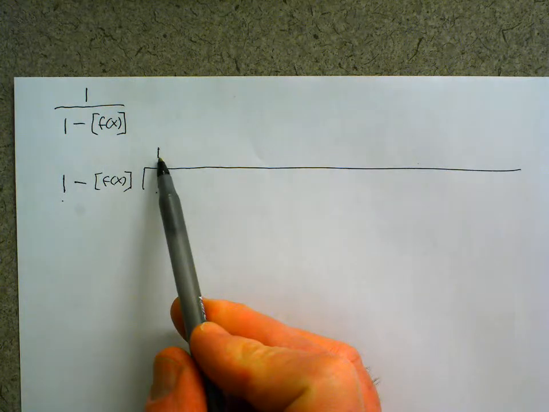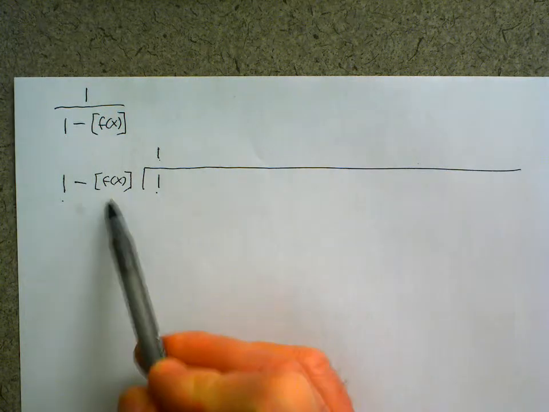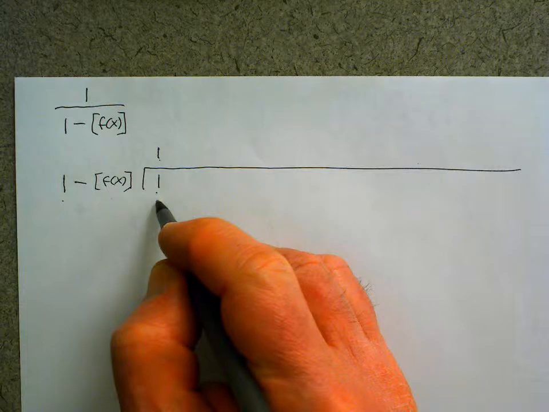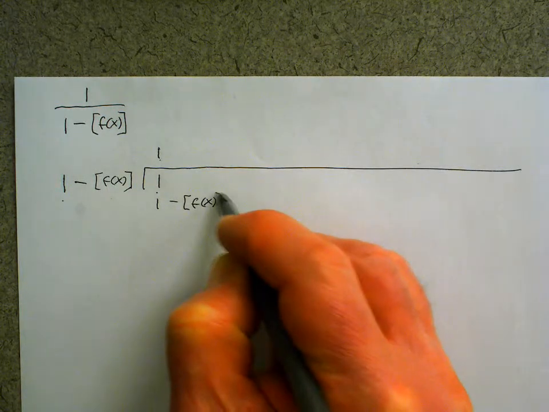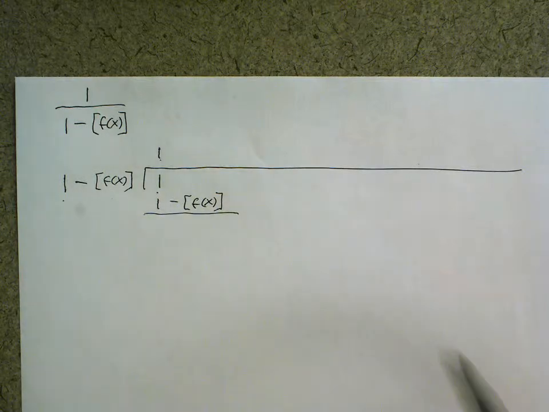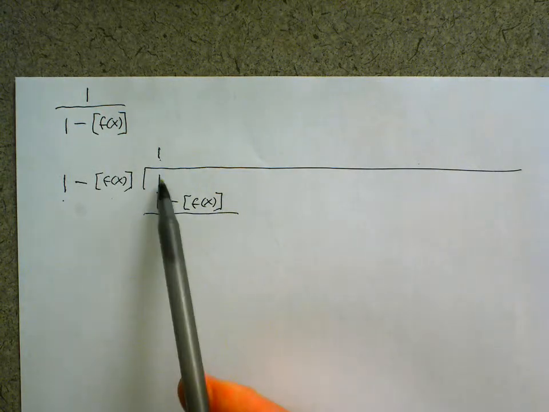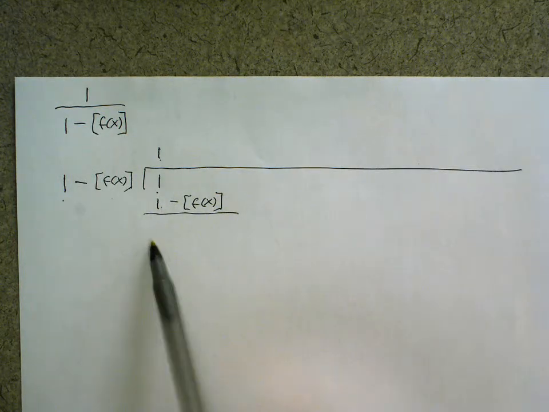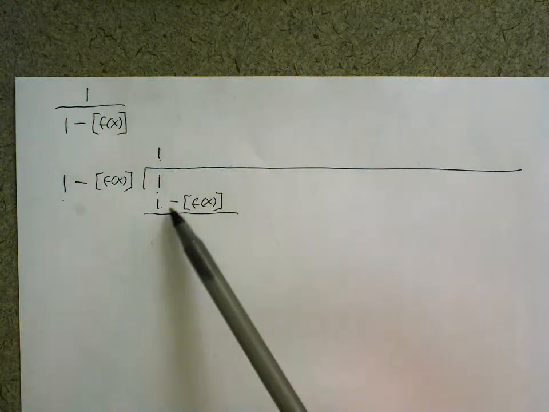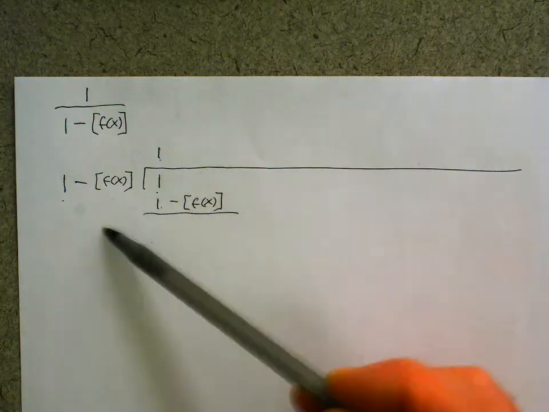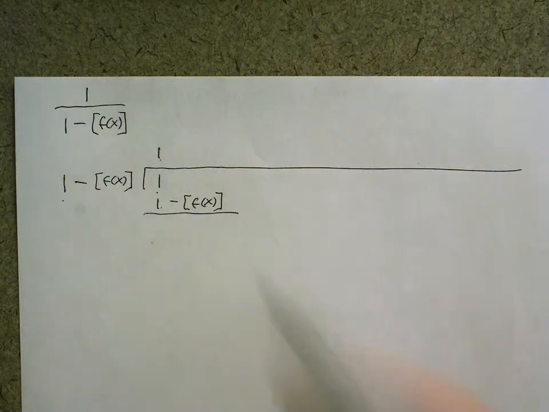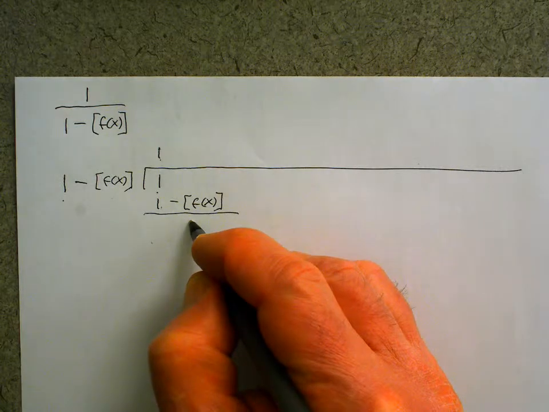And then if I multiply 1 times 1 minus f of x, I get 1 minus f of x. In long division, we subtract. 1 minus 1 is 0. Above the minus f of x is 0. 0 minus a negative f of x is positive f of x.